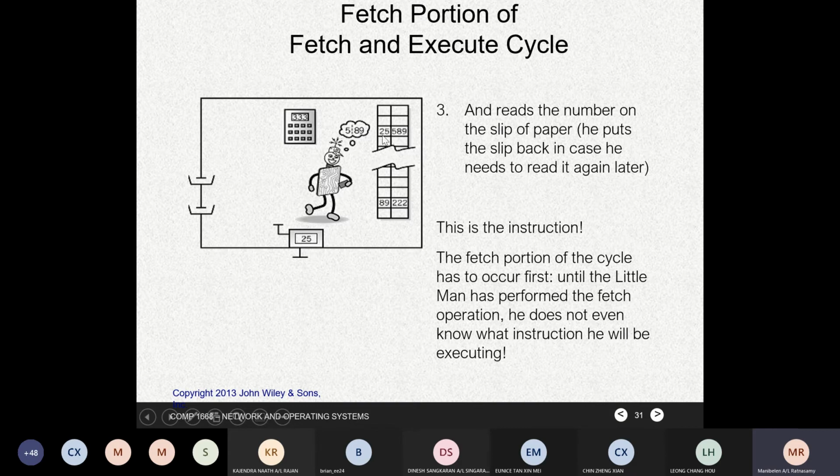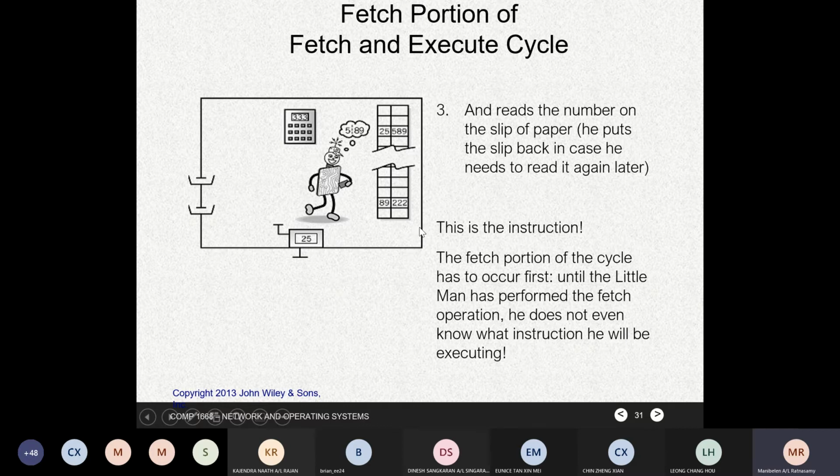After you look at the paper, you put it back here, but you remember 589. The fetch portion of the cycle has to occur first, right? The fetch, meaning you fetch the numbers first. Until the LMC has performed the fetch operation, he does not even know what instruction he will be executing, right?